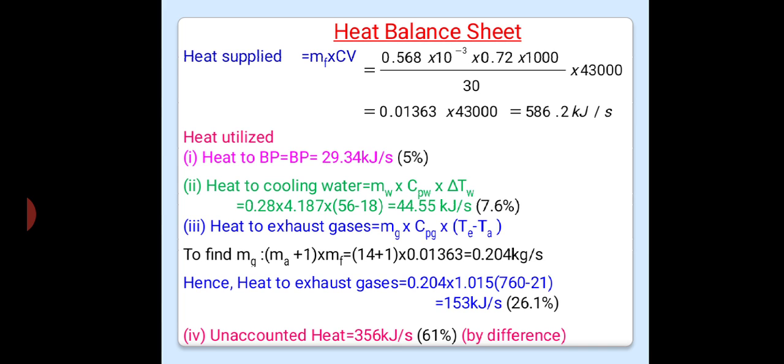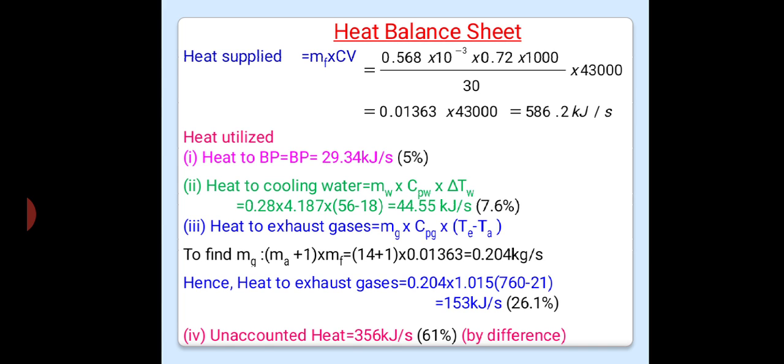Now we have calculated brake power, cooling water heat and exhaust gases heat. Last, we calculate the unaccounted heat losses, which is the heat supplied minus the heat utilized for brake power, cooling water and exhaust gases. After substituting the values, unaccounted losses are 356 kilojoule per second, which is 61%.